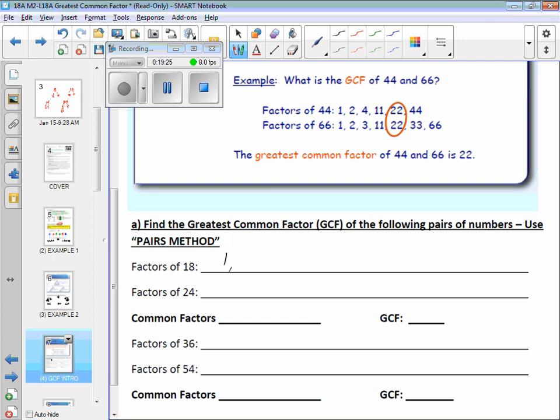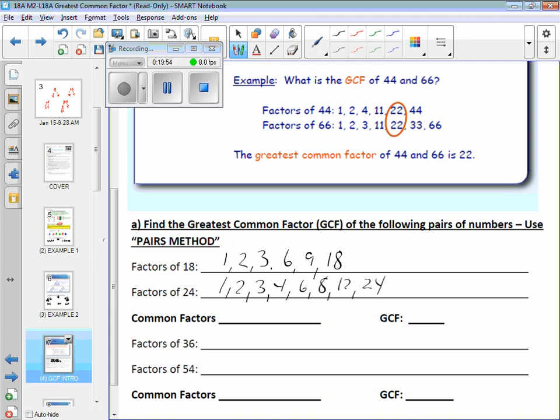What was it? 1, 2, help me out. It was page 2, I believe. 3, 6, 9, 18. And we did 24, did we not? 1, 2, 3, 4, 6, 8, 12, 24.